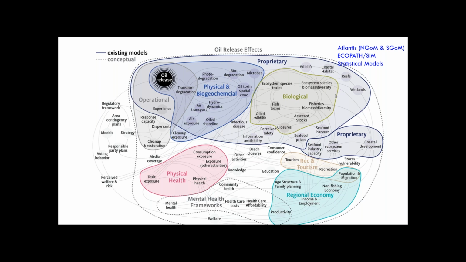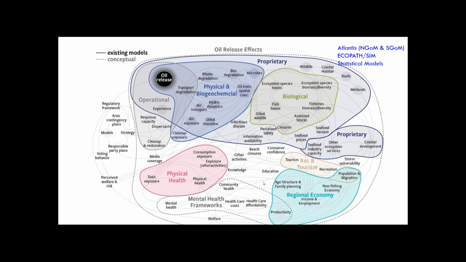And then in terms of the biological domain, given that there are toxic effects in the environment, how are they taken up? What are their impacts on species, biomass, diversity, et cetera? How about assessed stocks? And then, the notion of, all right, what are the impacts of some of the control mechanisms like fisheries closures? So the top two domains are fairly well developed.